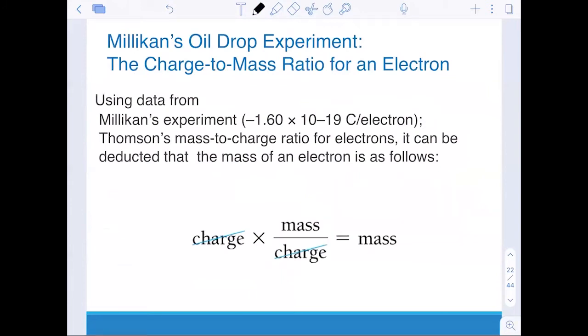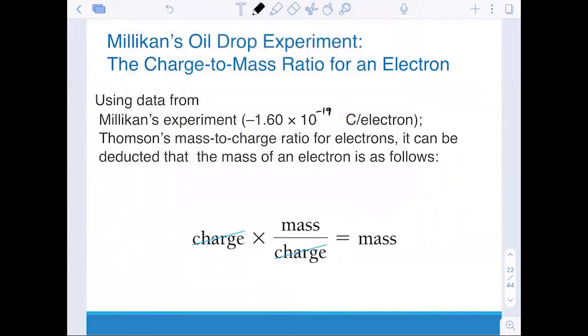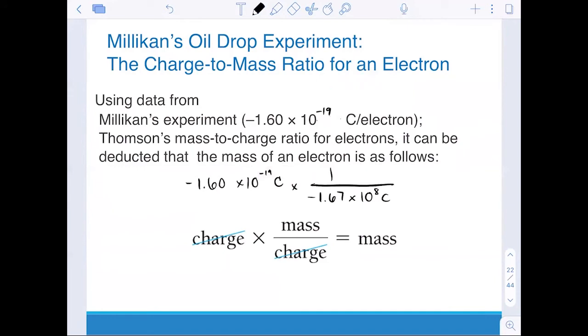From there, he was able to do stoichiometry to figure out the actual mass of the electron. So when we're looking at what he took from the charge to mass ratio, he found the charge first and then was able to deduce the mass after that. That negative 1.60 times 10 to the negative 19 coulombs per electron times our negative 1.67 times 10 to the 8, whoops, flip it, coulombs per 1 gram.